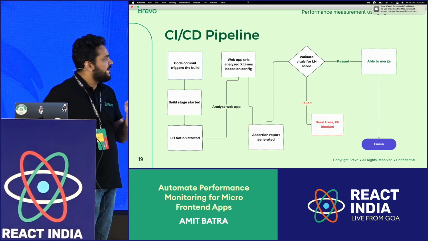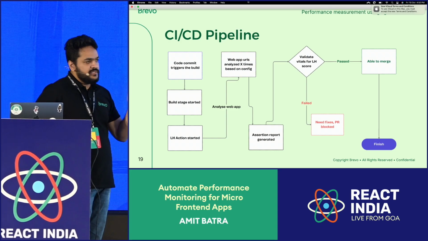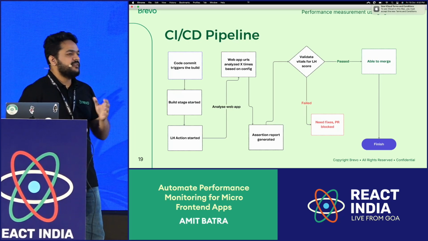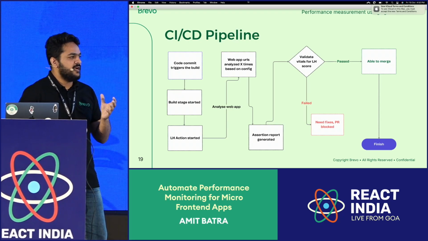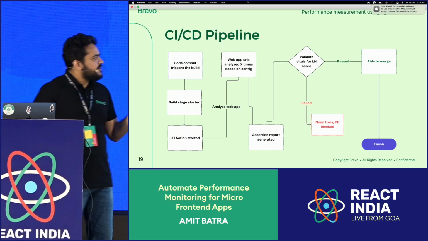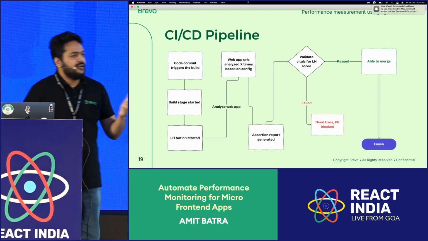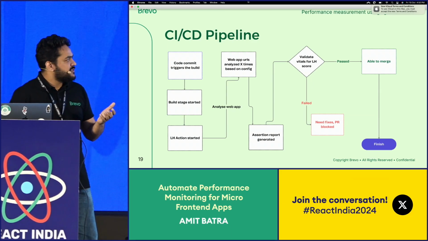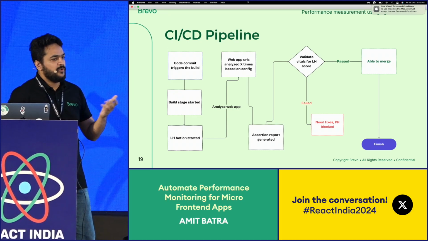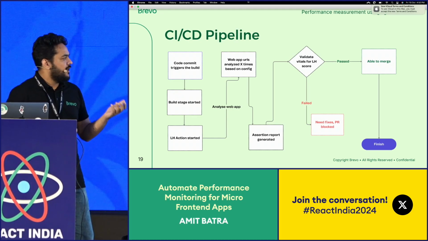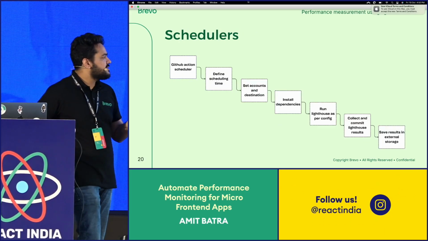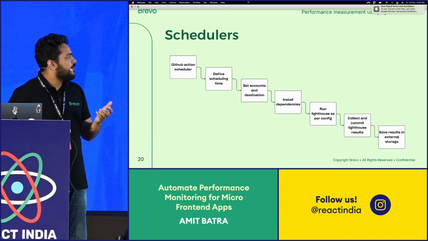We analyze our URLs X times based on the configurations. An assertion report is generated that is attached to your PRs, and then there is benchmarking, which can be as per your use cases. On the basis of that, you can merge your PR, or you can block it until fixes are required.